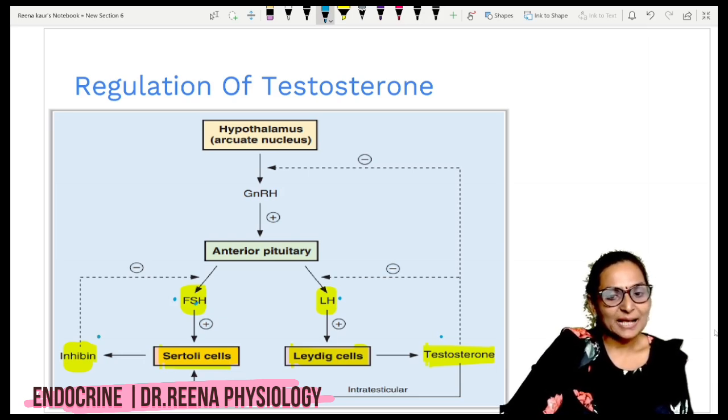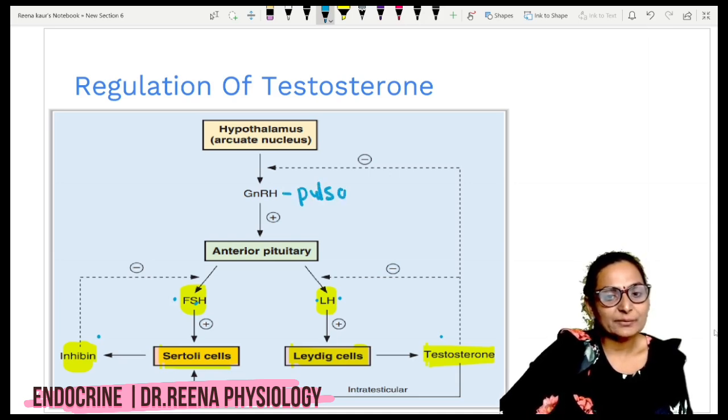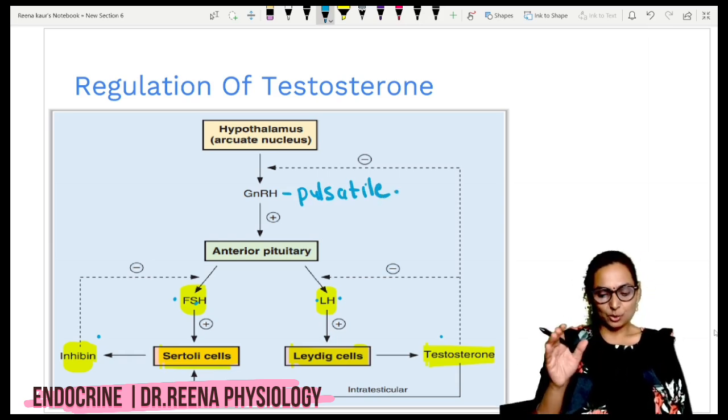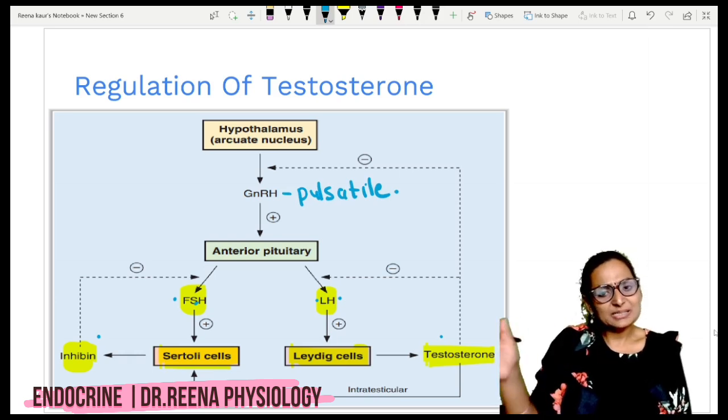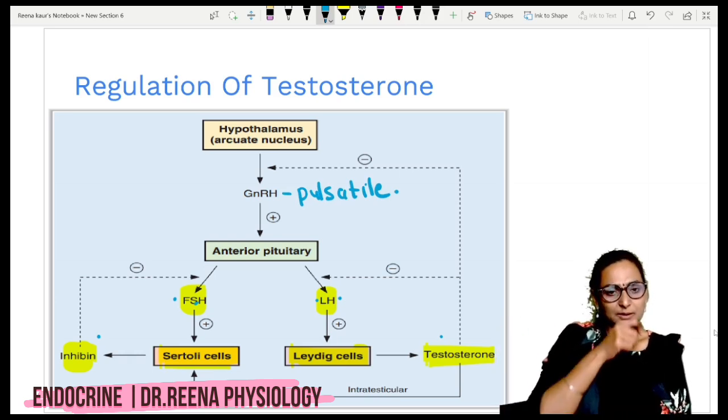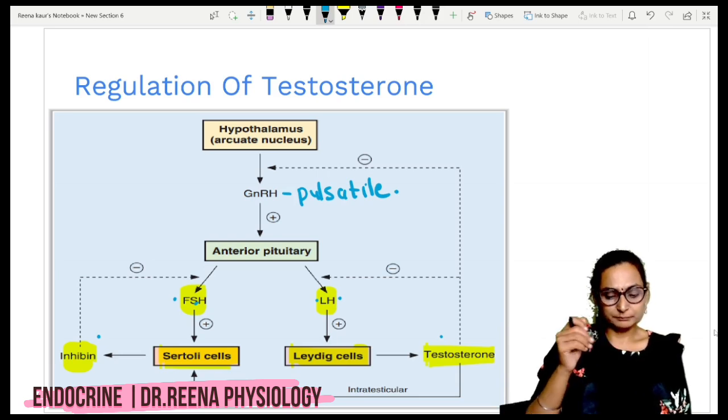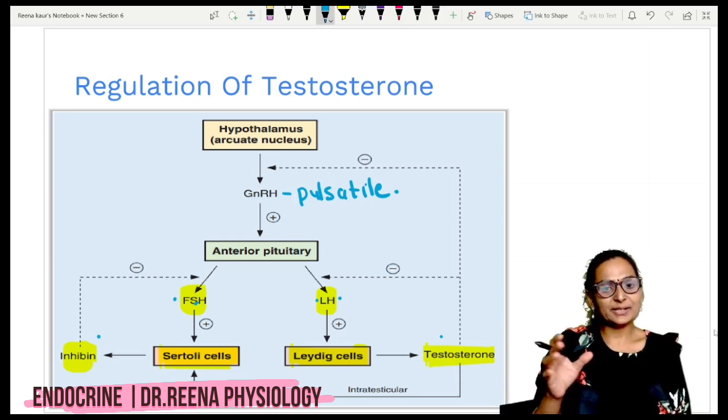So this becomes one MCQ, that LH's regulation is by testosterone, FSH's regulation is by inhibin. This FSH and LH are coming from the anterior pituitary, which is under pulsatile secretion, not continuous. There is no continuous secretion of GnRH. If the GnRH is secreted continuously, what will happen?